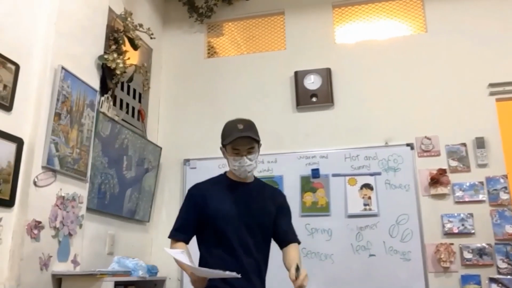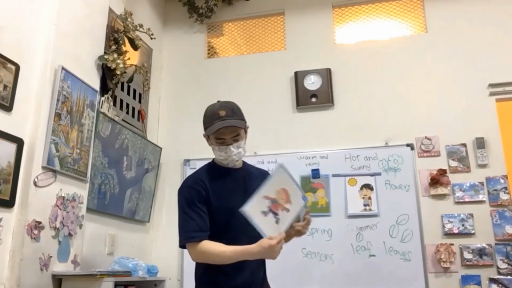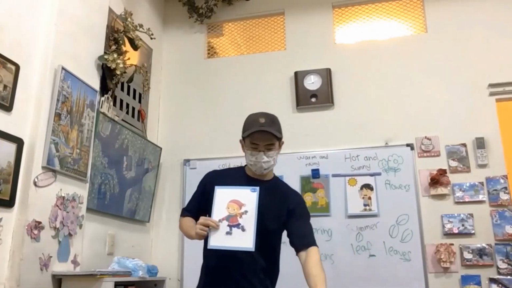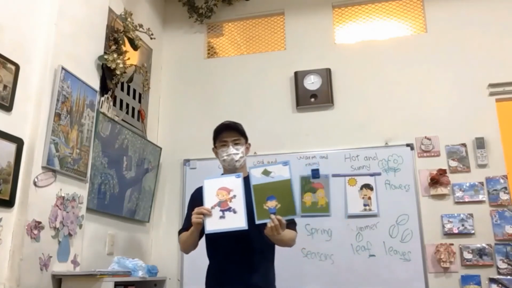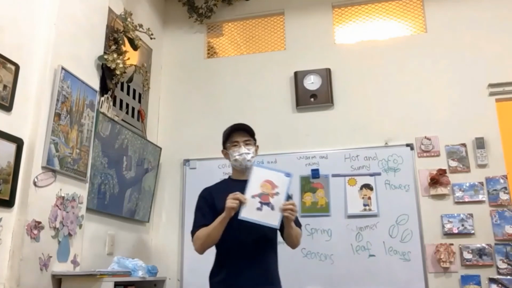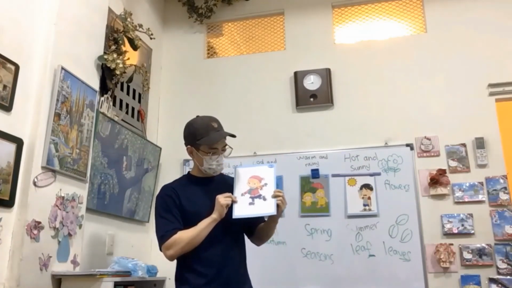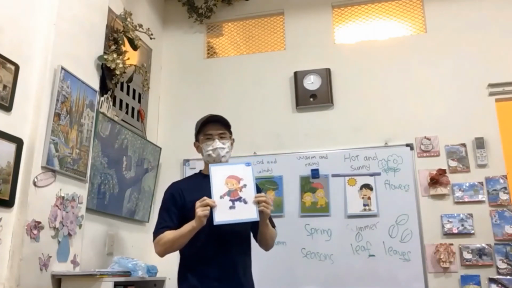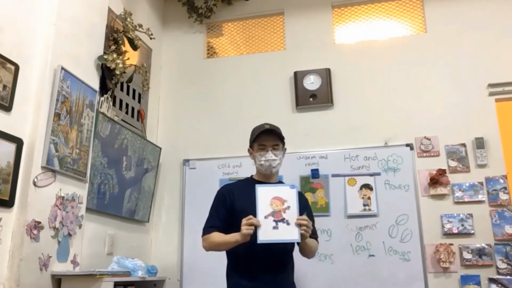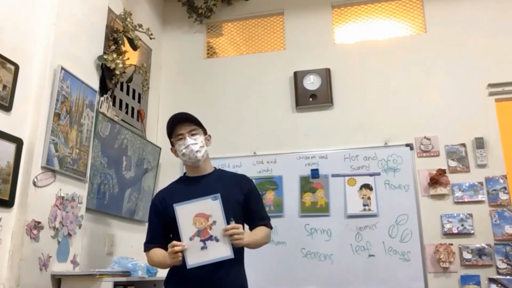And that is this one and this one. Okay? So this picture, do you remember what is this? What type of activity is this? Okay? This is ice skate. Alright? Ice skate. Okay? You can try to repeat after me.